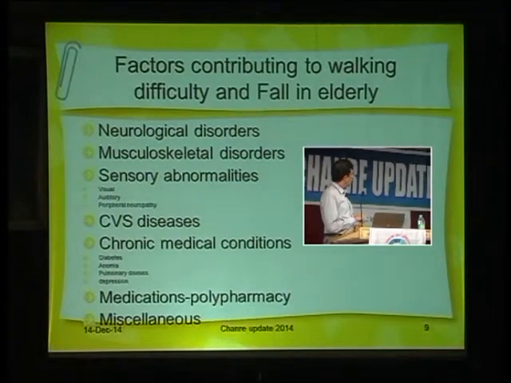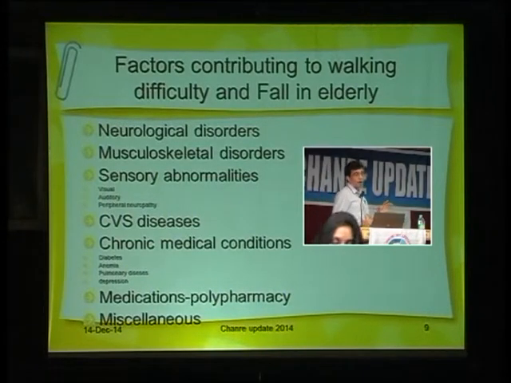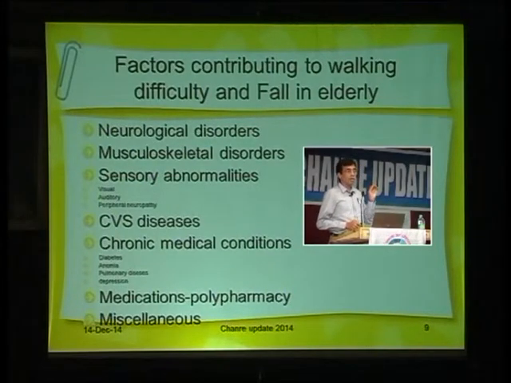And in addition to neurological problems, they can also have cataracts and age-related retinal degeneration and auditory decline and peripheral neuropathy. All these things contribute to the walking difficulty. To walk normally, they should have good proprioception, good hearing, good vision.